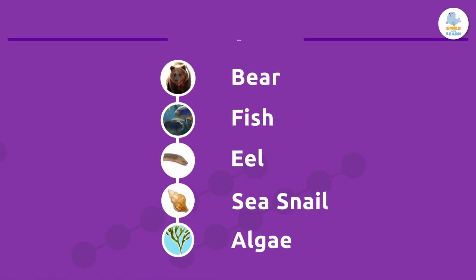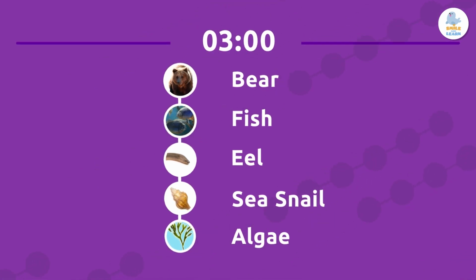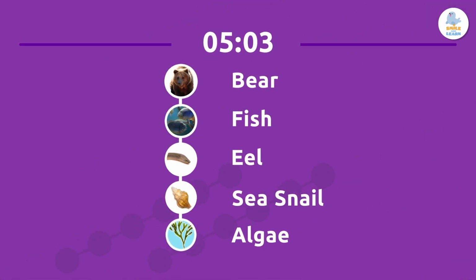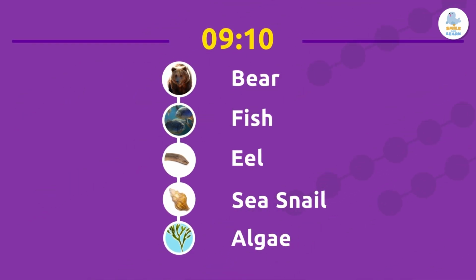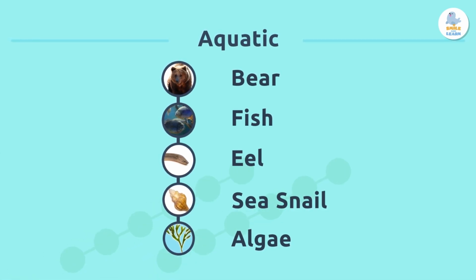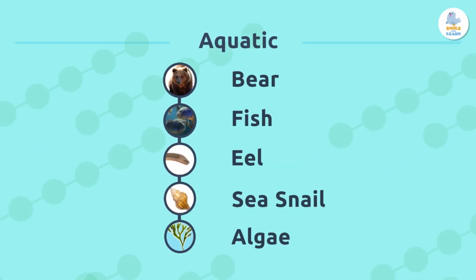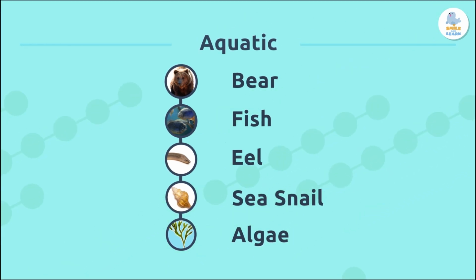Now for the last one. Terrestrial or aquatic? Aquatic, because although the bear lives in a terrestrial habitat, it and the rest of the living beings in this food chain get their food from aquatic habitats.